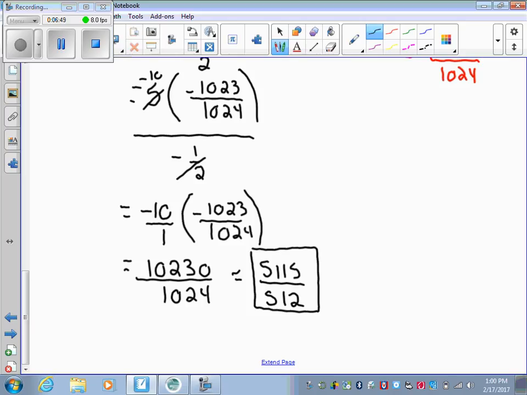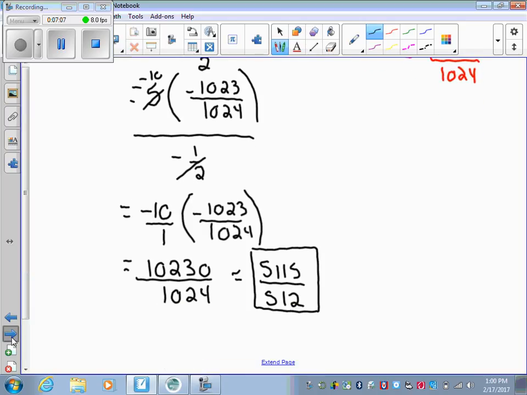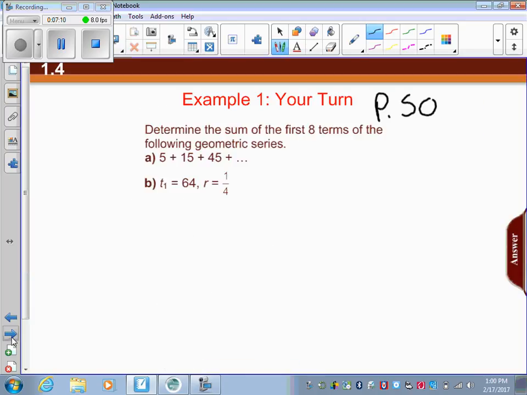Okay? And so that's how you deal with a fraction one. Now, you could have changed those all to decimals, but you're not going to get the exact answer that you would if you kept it in fraction form. So I would prefer to keep it in fraction form if possible. Okay? You can pause the video here and try this one on your own.